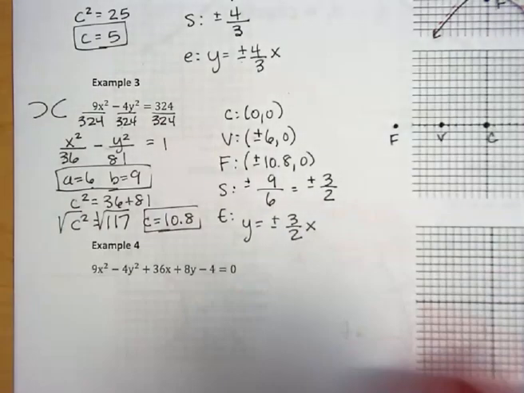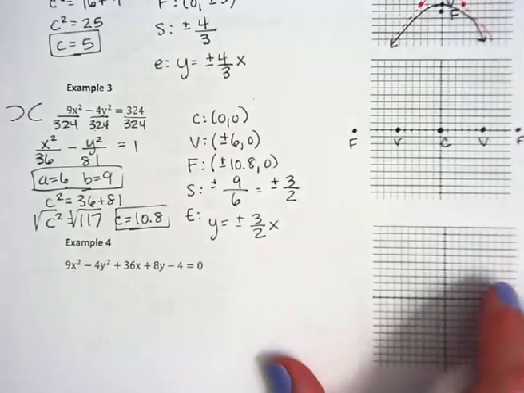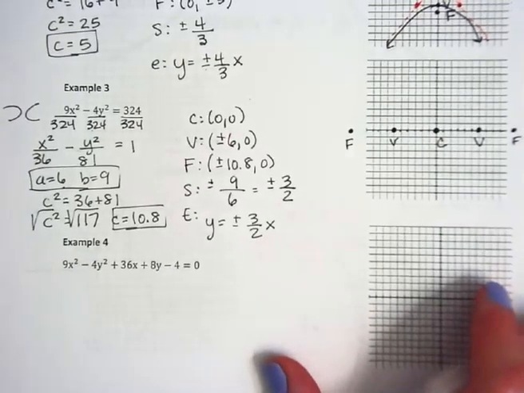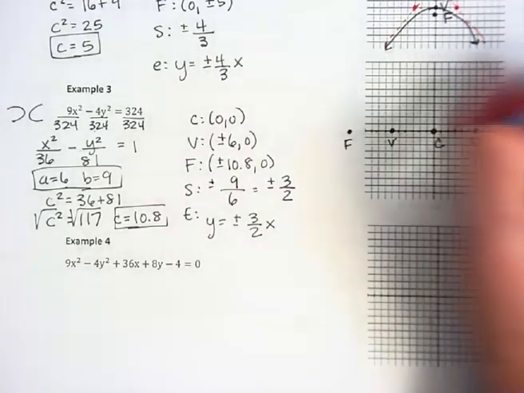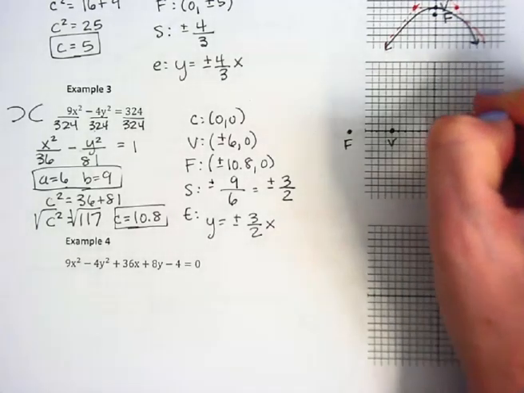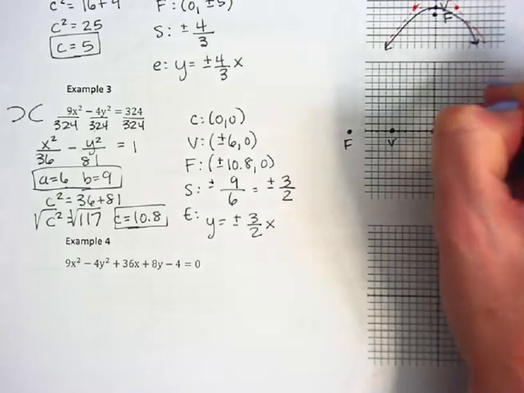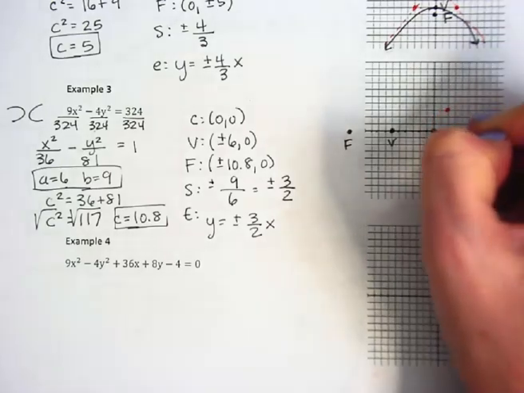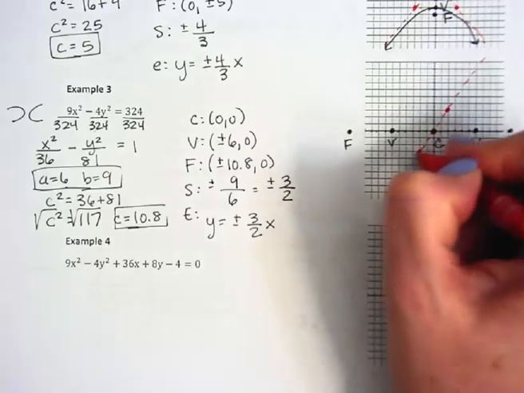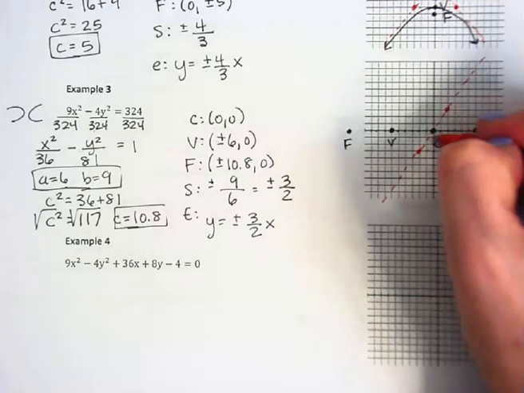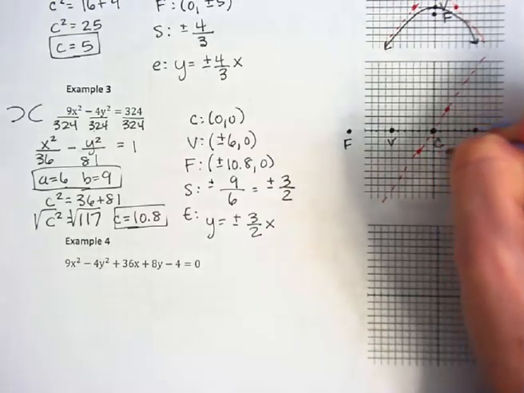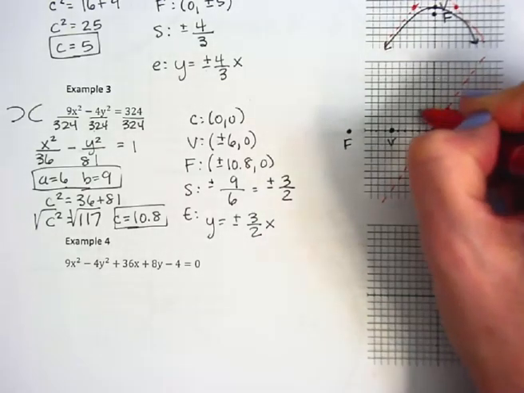So I'm going to graph those asymptotes from the center. So up 3, right 2, also down 3, left 2. And then the negative version, down 3, right 2, up 3, left 2.